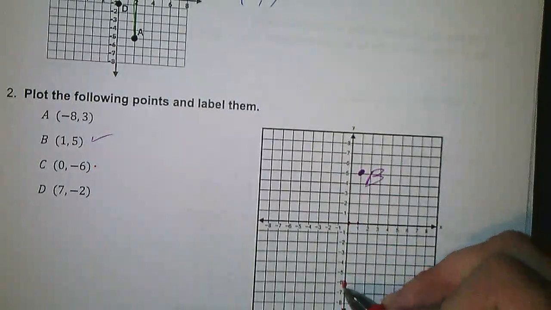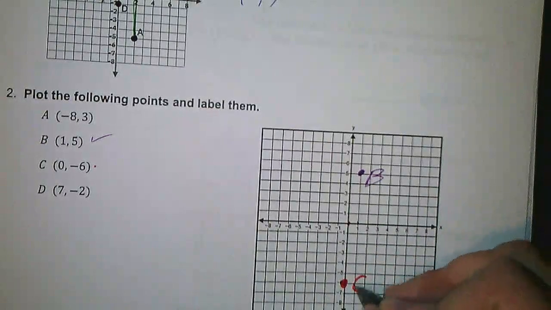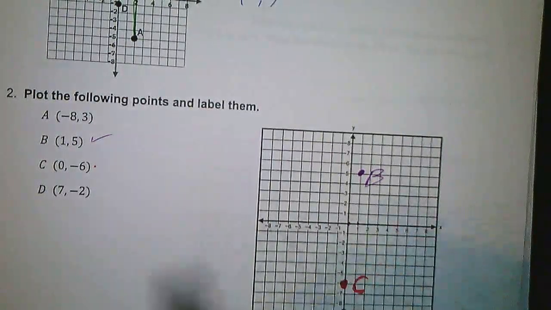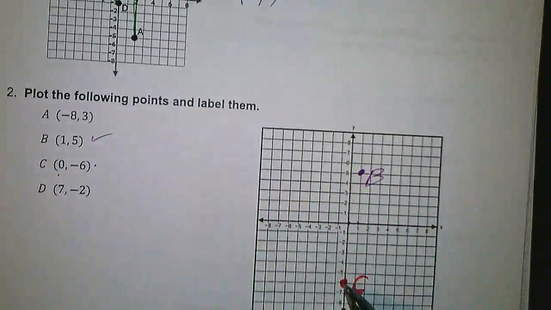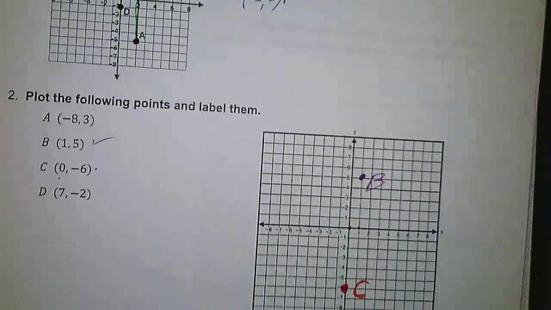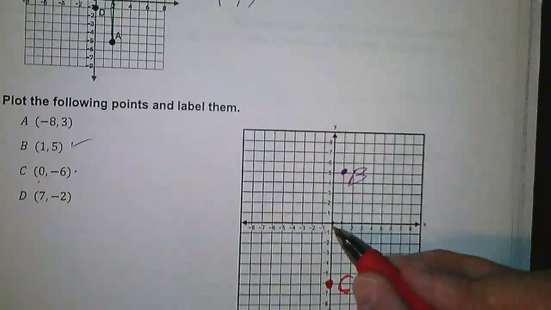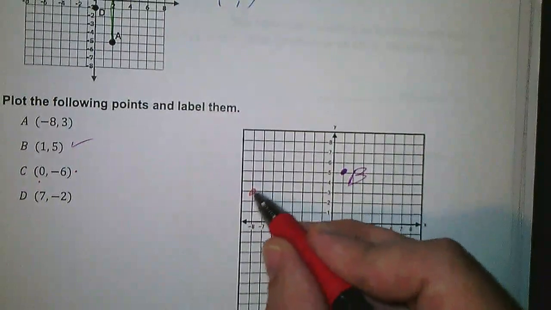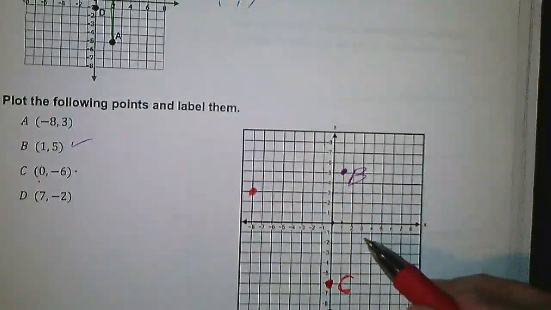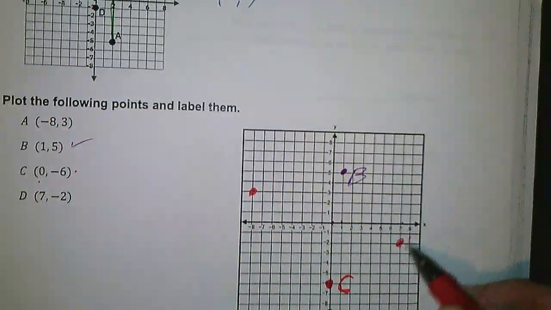We would move down 6 units. So that's point C. And if the x value is 0, then we have a y-intercept. And then you could figure out the other points, of course. Negative 8, 3 for point A, and 7, negative 2 for point D.